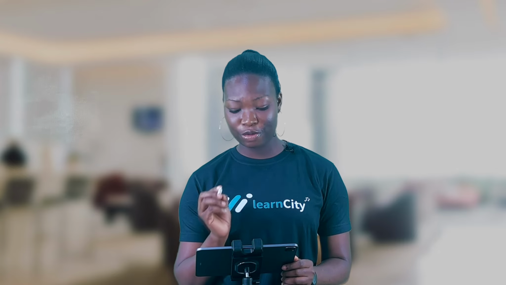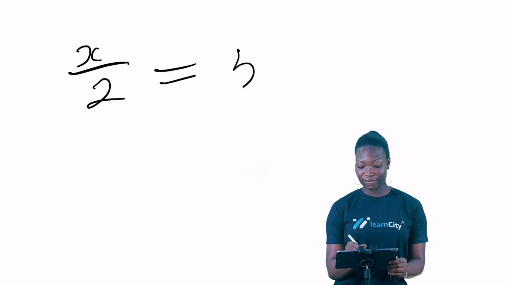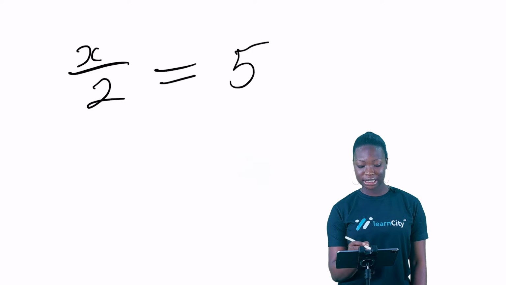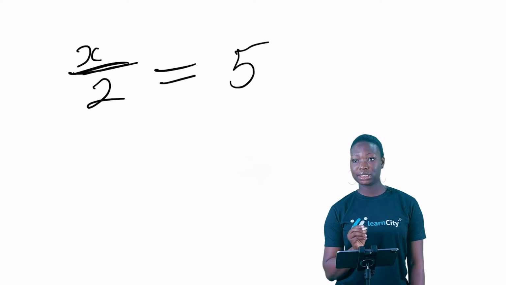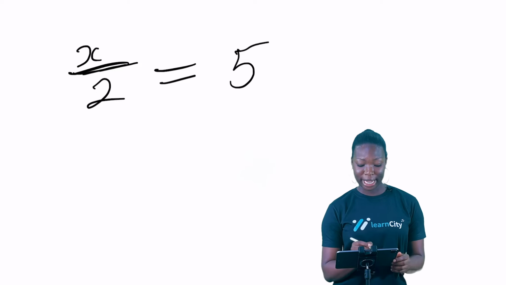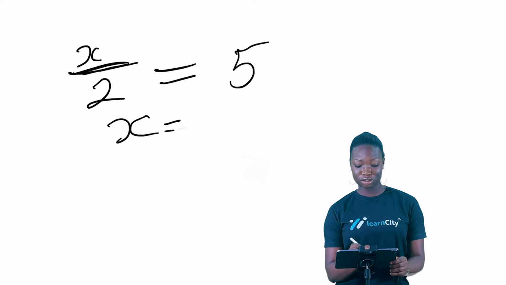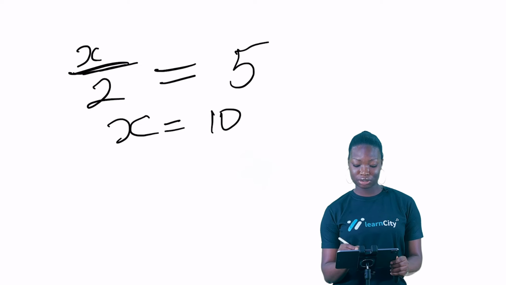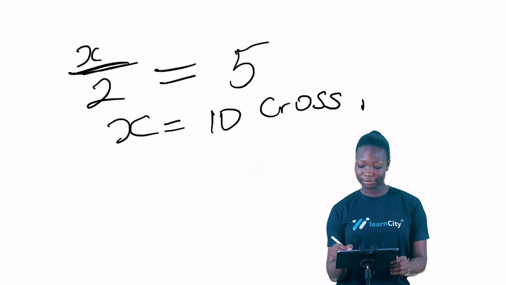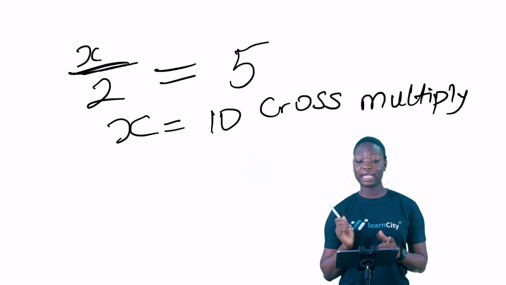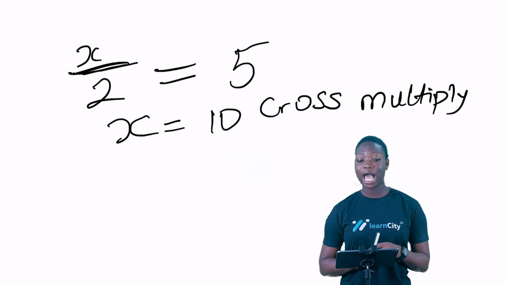For example, if we have x over 2, which is equal to 5, we have to look for means to remove this fraction part so we can find x. Now, this case will be x equals 10, in which we'll cross multiply. So that is the first rule for changing of subject of formulae. We begin by clearing fractions, brackets, and root signs.